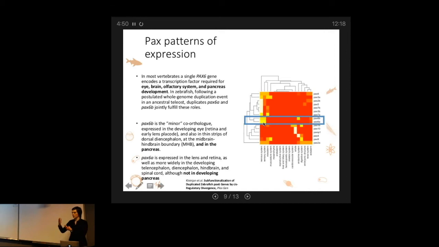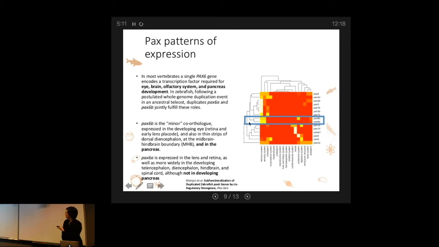And these numbers show that the red color represents no information in ZFIN, while the lighter the color is, the more publications show that there is expression. Here you can even see that the square in the 6A copy of the gene is a bit lighter, which means there were more publications showing this expression.